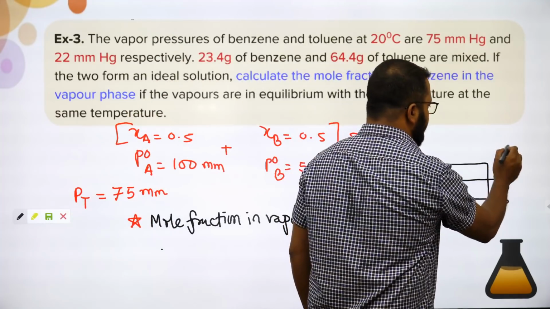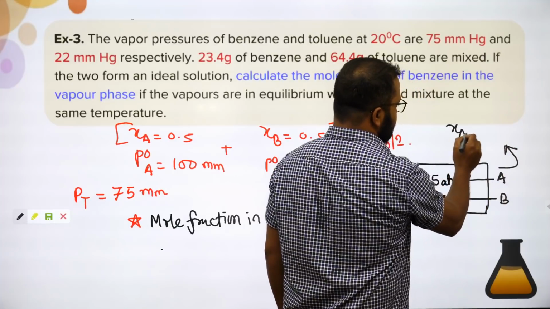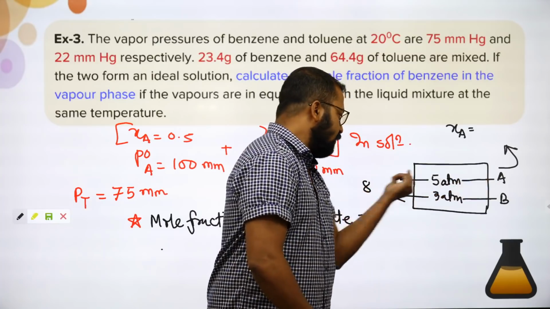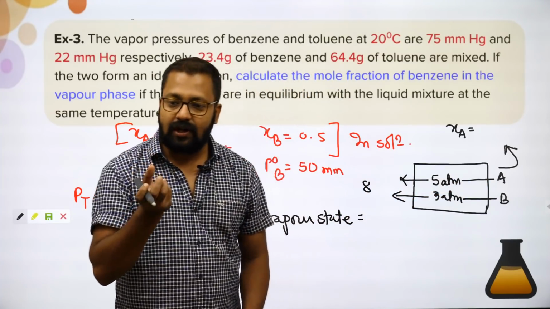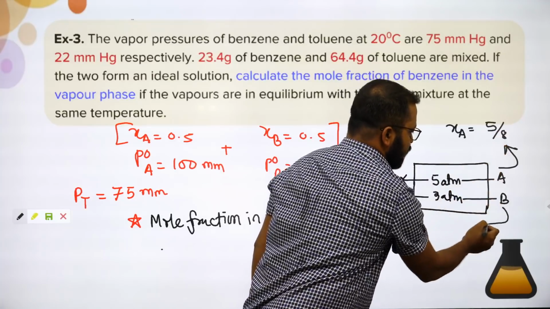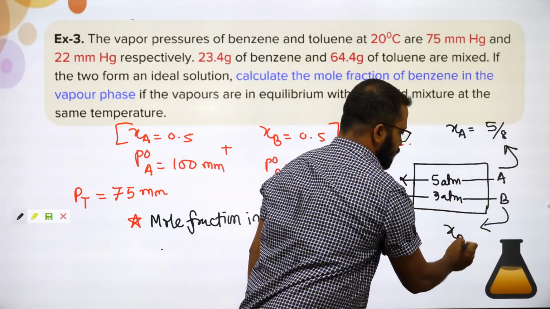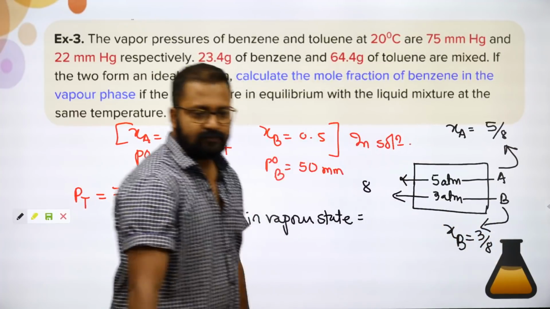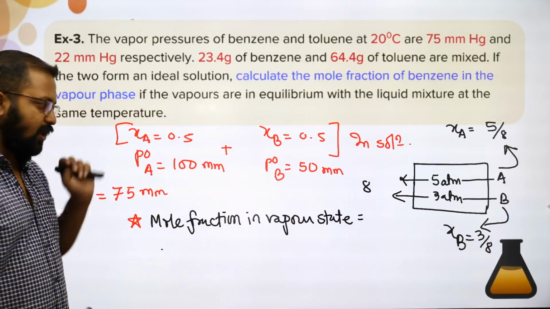So what is the mole fraction of A? Mole fraction of A will be pressure due to A by total pressure. That will be 5 by 8, and mole fraction of B will be 3 by 8.